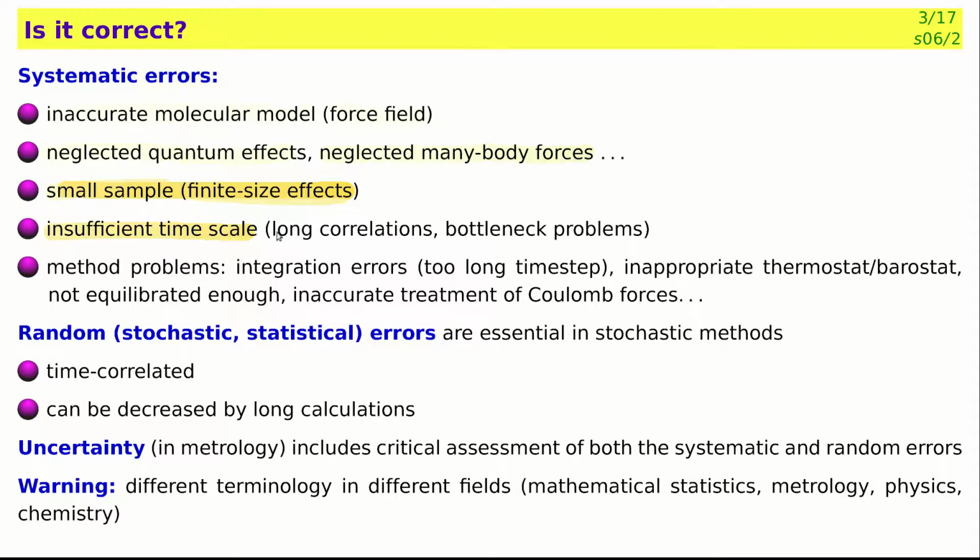Either for a large system we need a long time, so all information or interaction between particles can spread through such a large system, but also, for example, if we have barriers, so-called bottleneck problems, that is, it's very difficult for a system to go from one part of the configuration space to the other, like, for example, to overcome a barrier, or in general a barrier of a Gibbs energy.